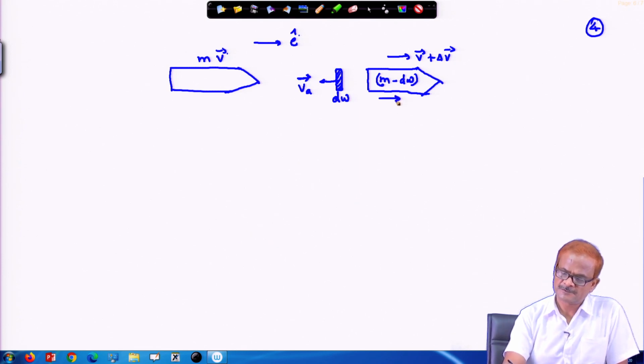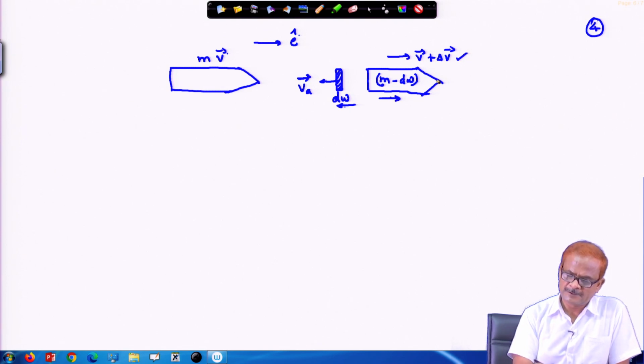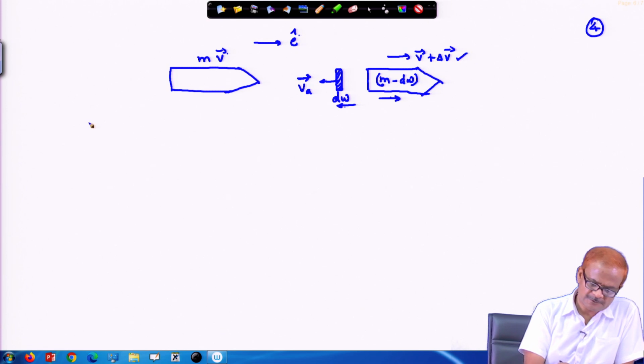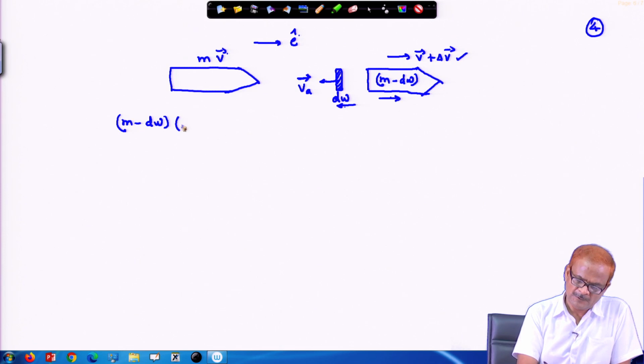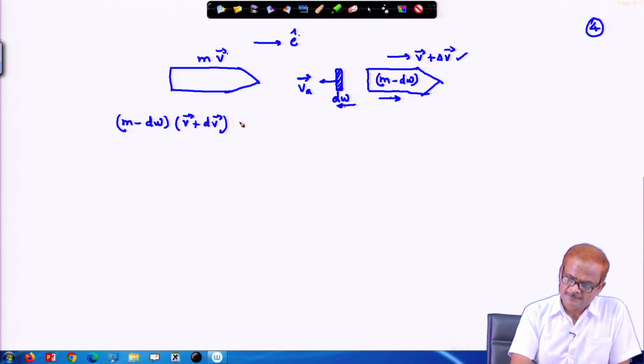Because of this, it gets the reactive force here in this direction. So, we directly cannot apply Newton's law, and therefore, we go through the conservation of linear momentum equation. So, we have m minus dw times v plus dv, okay, and the momentum of this part.